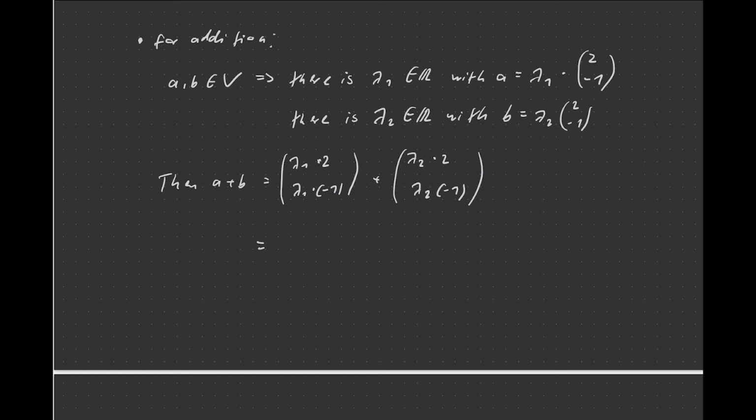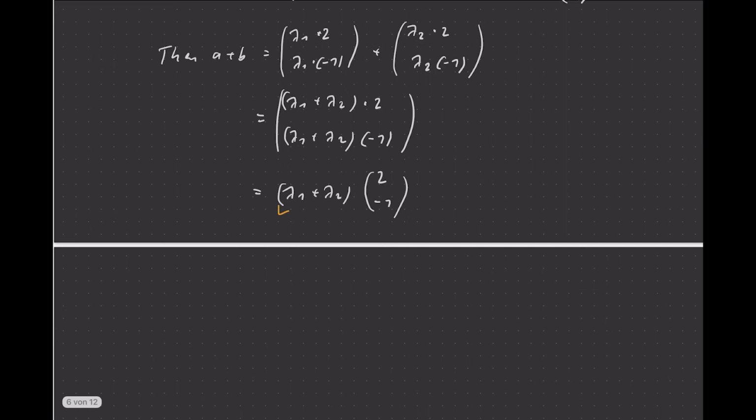So that here is lambda 1 plus lambda 2 times 2 and lambda 1 plus lambda 2 times minus 1 by definition. So what we get is lambda 1 plus lambda 2 times (2, -1).